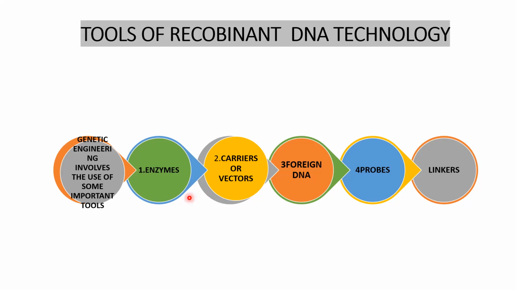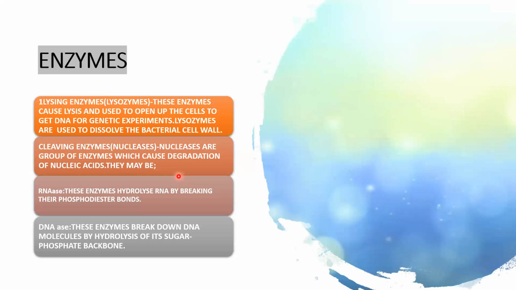So the tools are: number one, enzymes; number two, carriers or vectors; number three, foreign DNA; number four, probes; and number five, linkers. In this video, we will emphasize the various enzymes involved in genetic engineering or recombinant DNA technology.